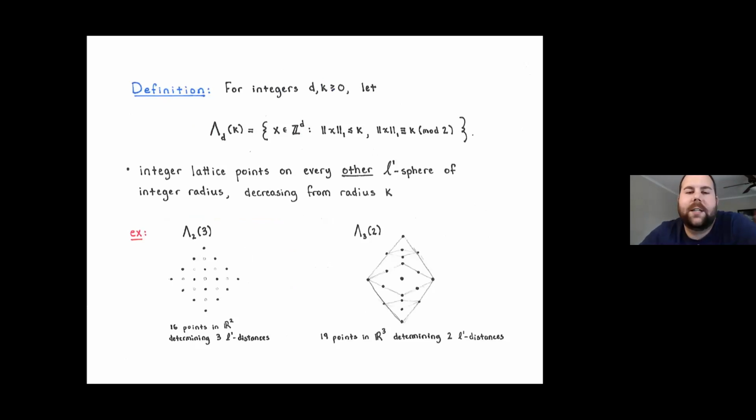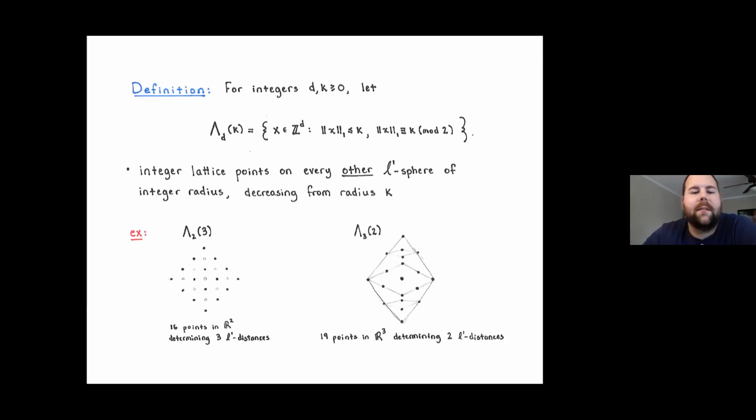And that's what this definition does. This is what we determined to be the right generalization of that rotated square grid of points in R2 for the L1 metric. What we're exploiting here is that when you take the L1 distance between two integer lattice points, all the absolute values you're taking and all the negative signs you're using, those have no impact on parity.